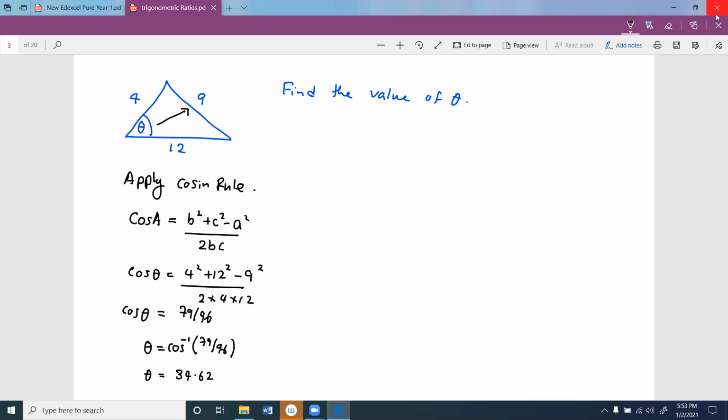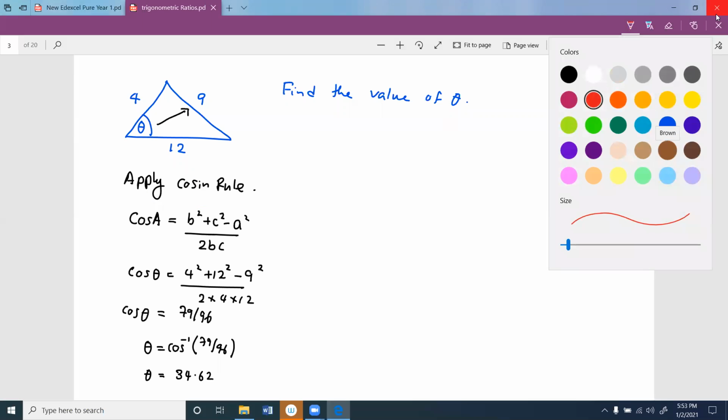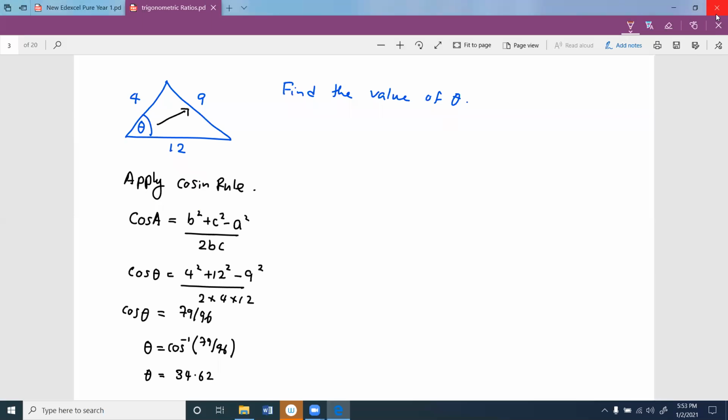Even the second equation can be used, and you get the same answer. I'll show you from that equation, and also a mistake most students make. I'll use a different color, brown. A squared equals B squared plus C squared minus 2BC cos theta.